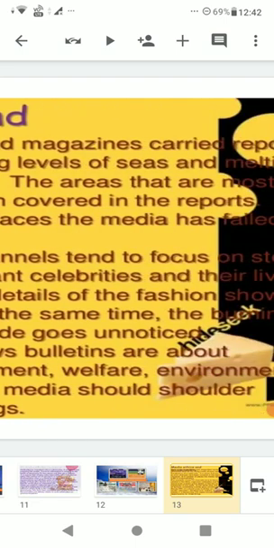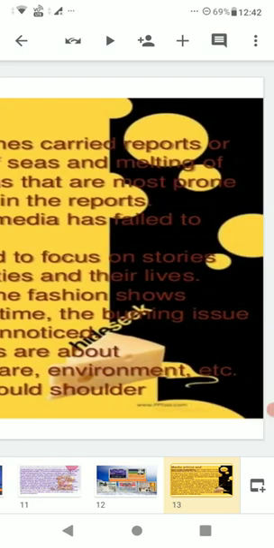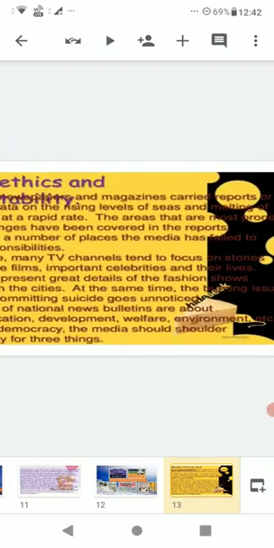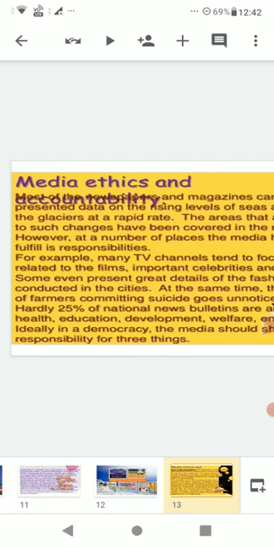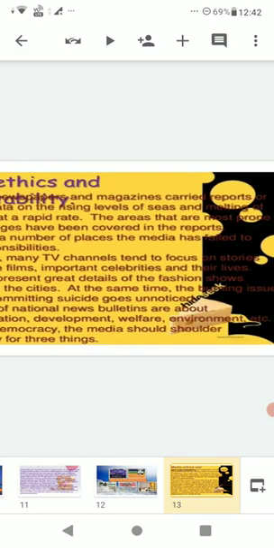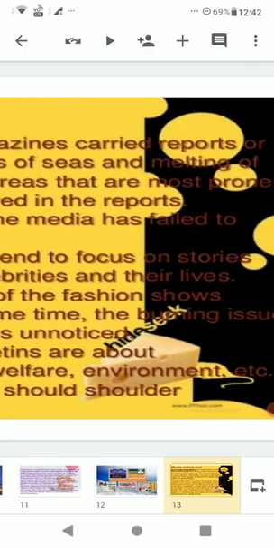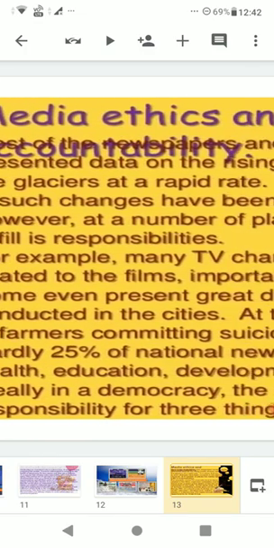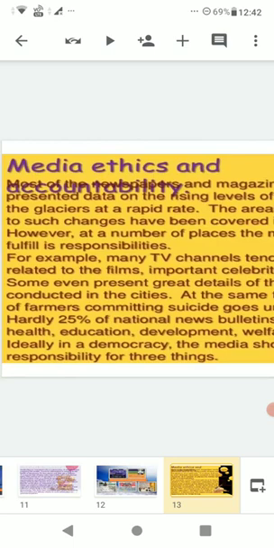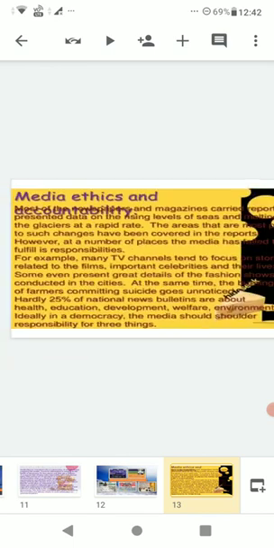At the same time, the burning issues of farmers committing suicide go unnoticed. Hardly 25% of the national news bulletins are about health, education, development, welfare, environment. Ideally, in a democracy, the media should shoulder responsibility for these things also.